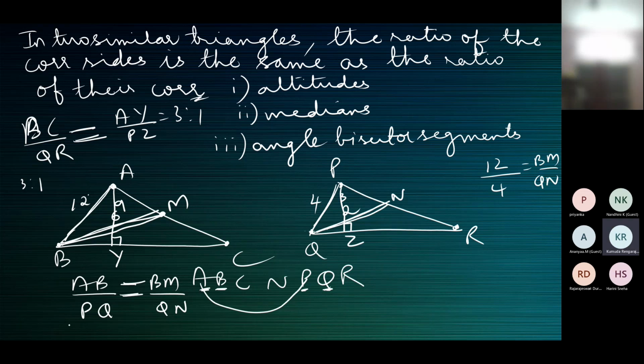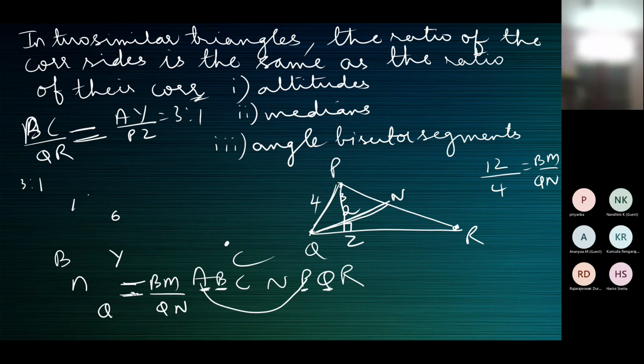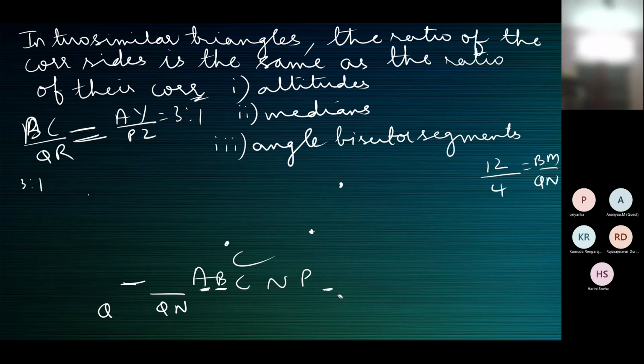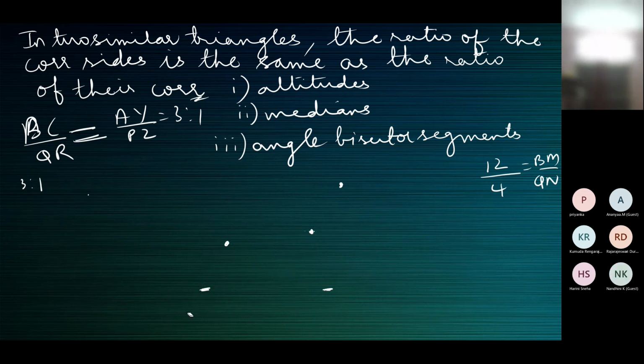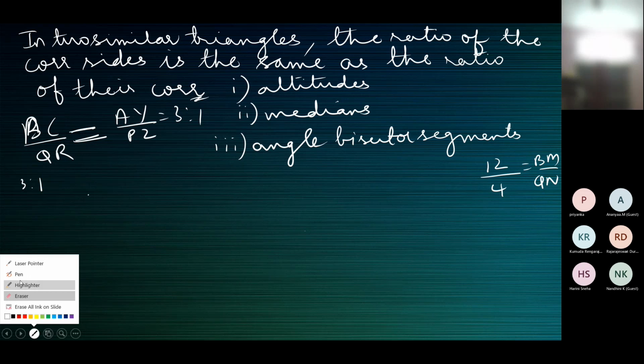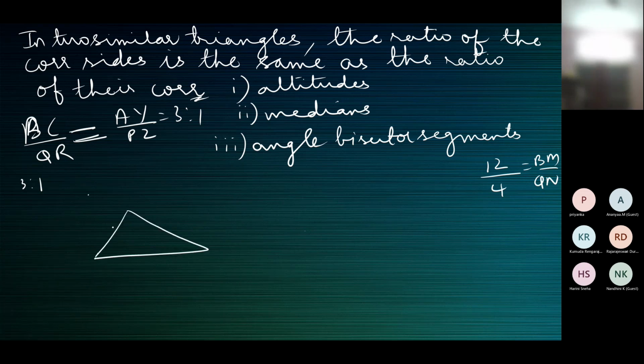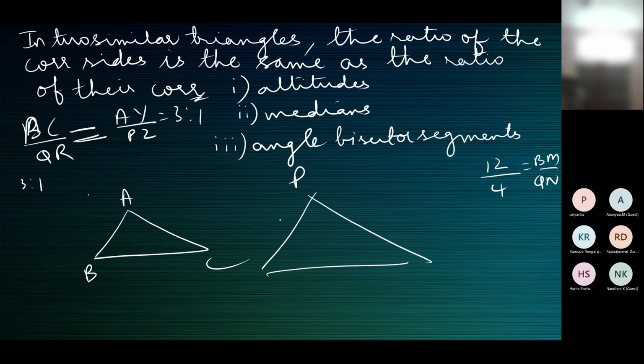It is the same as the ratio of the corresponding angle bisector segments. Now let's take the bisector of angle A. ABC is similar to PQR, is given.